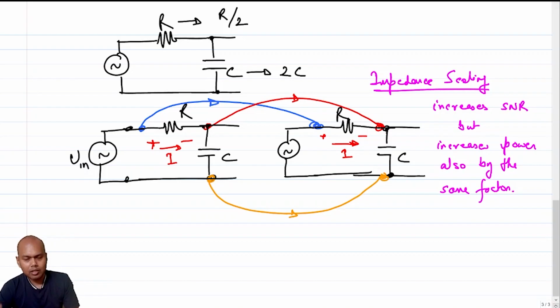If I was burning 1 milliwatt of power, all I need to do is take the same circuit, copy it once, and connect these two circuits node to node in parallel. I will automatically have, without any effort, an increase of signal to noise ratio to 23 dB. However, now I am going to spend 2 milliwatts of power. This is one simple way of increasing the signal to noise ratio.